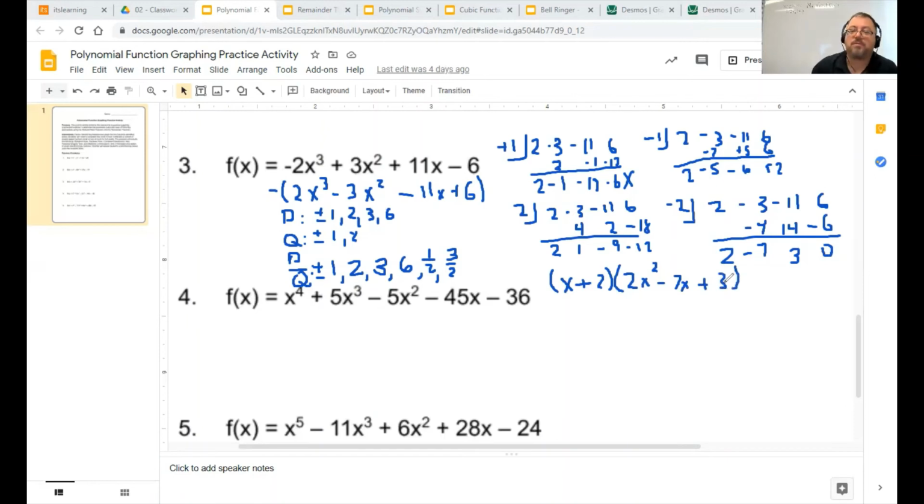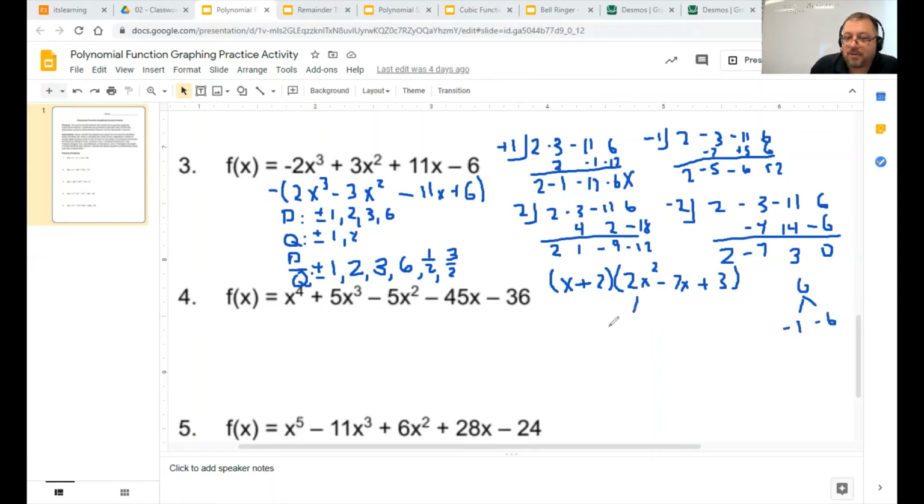And then I have to remember what the math teacher taught me, how to factor these quadratics with a leading coefficient. I go 2 times 3 is 6. What two numbers will multiply to get 6 and add to get negative 7? Well, that's a negative 1 and a negative 6.